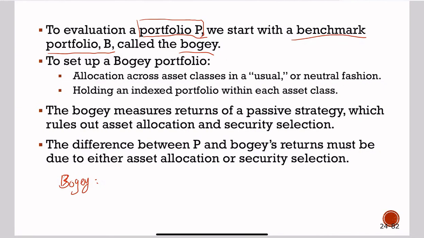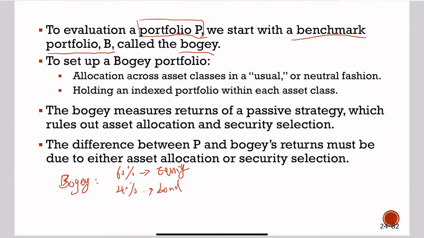First, I'm thinking about an allocation across assets in a neutral fashion. So let's say I will invest 60% into equity and 40% into bond. You might ask, why do you choose 60% in equity and 40% in bond?